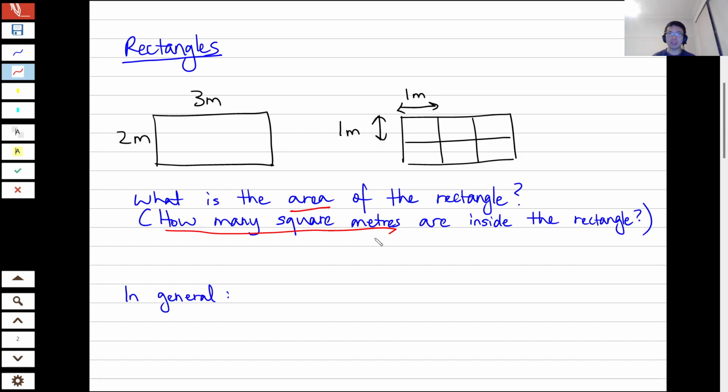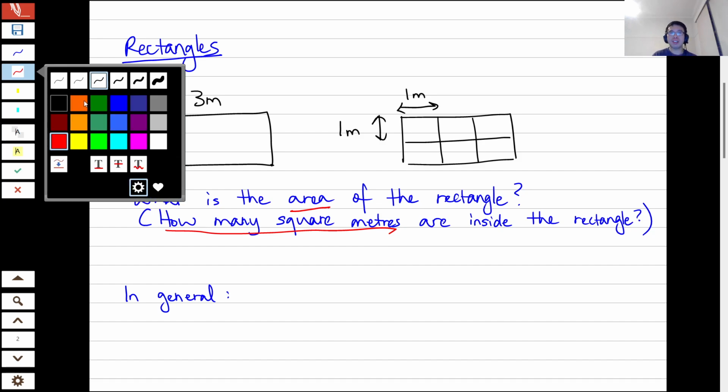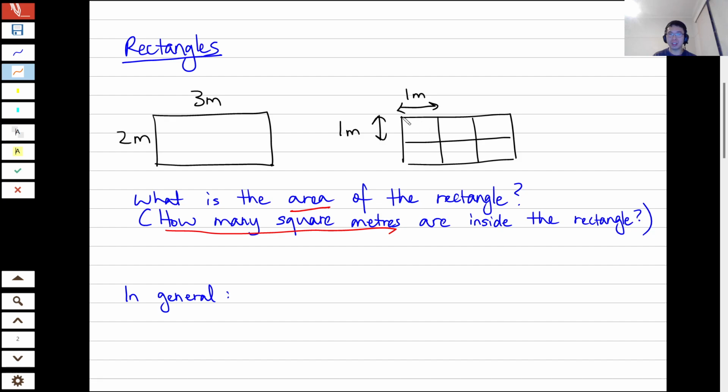To help you with this, I have drawn a second diagram on the right here, where I have split it up into 1 meter by 1 meter squares. So each individual square here has area 1 square meter. Refer to the previous video if you're not sure what I'm talking about.